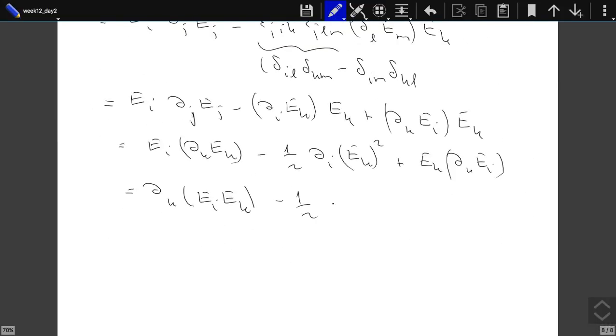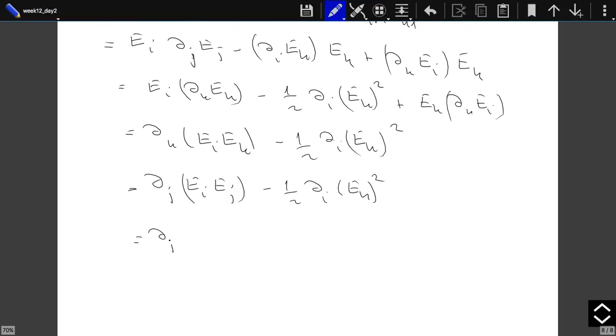Minus 1 over 2 ∂_i E_k squared, this is equal to ∂_j E_i E_j. I go back to the dummy index j. Minus 1 over 2 ∂_i E_k squared.